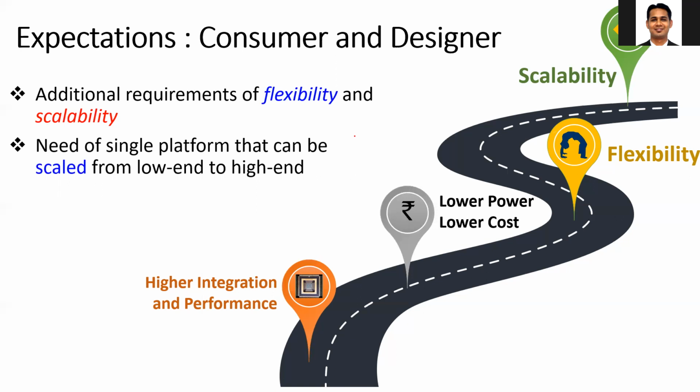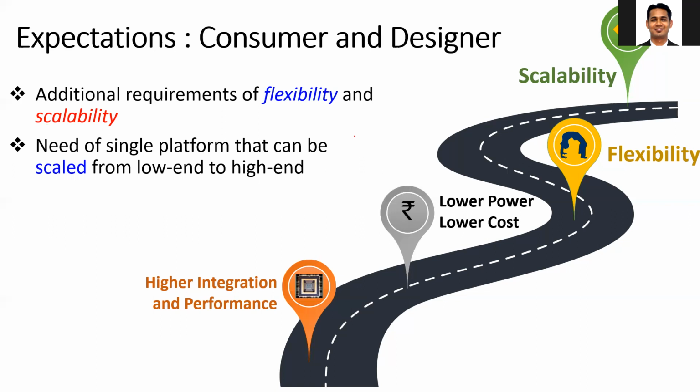In low-end devices you may not have a co-processor, while in high-end devices you may have a co-processor or a better GPU. The instruction set in low-end and high-end devices will be more or less the same, so the same code can work on both architectures. VLSI designers are expecting such scalable architectures.